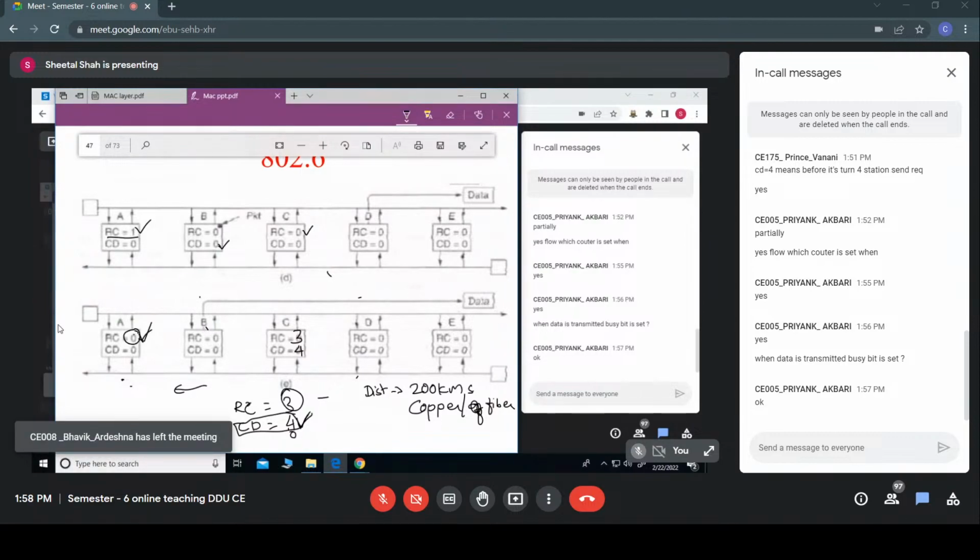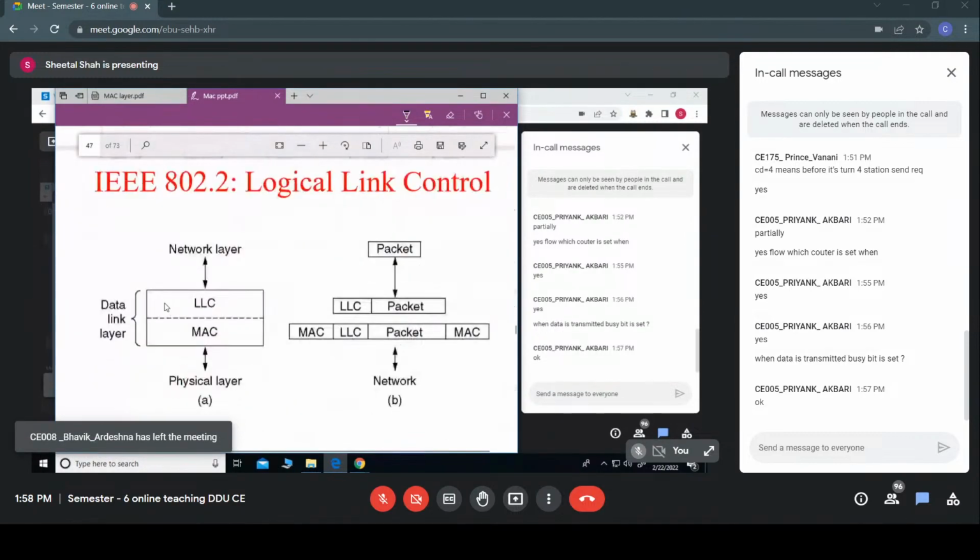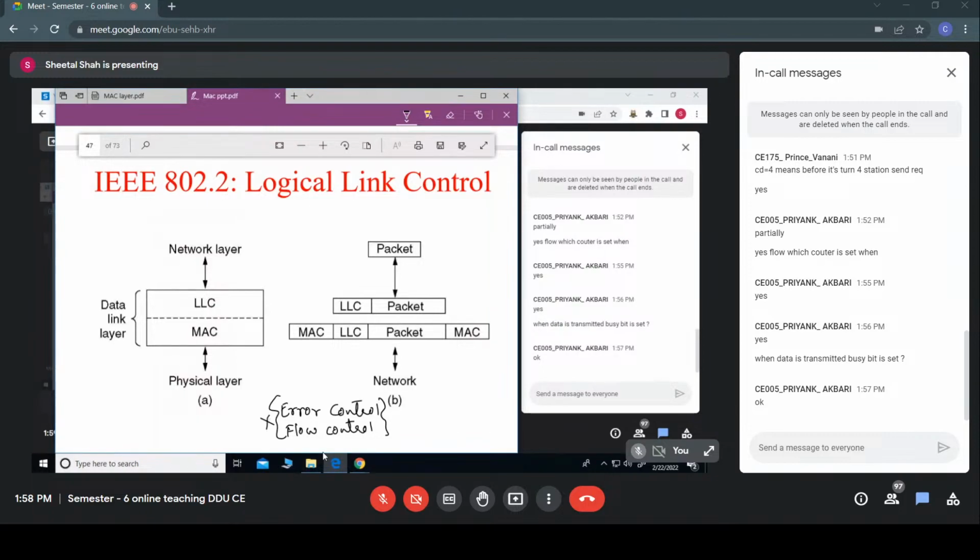Fine. Then next we'll see IEEE 802.2 logical link control. Till now, in the third chapter, you might have studied the data link layer, in which you studied error control and flow control using the sliding window protocols, etc. Whereas in this chapter, the MAC sublayer, we have least bothered about error control or flow control.